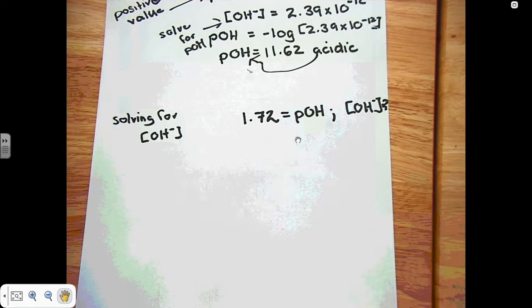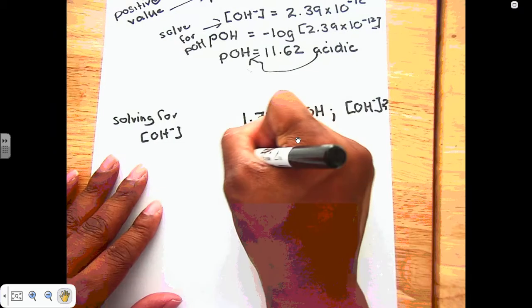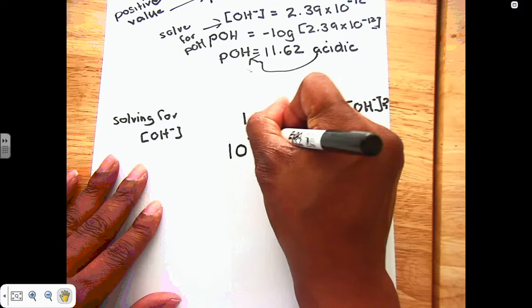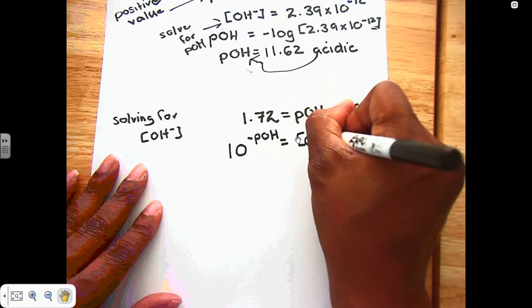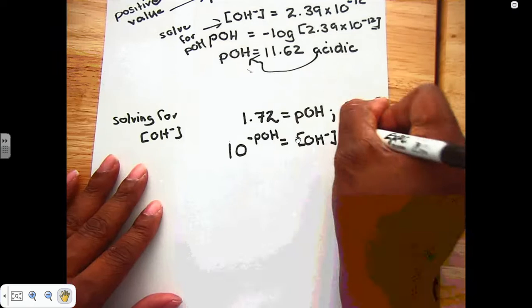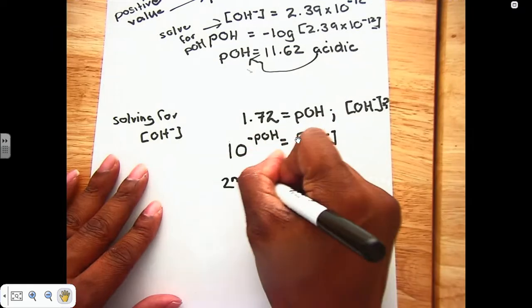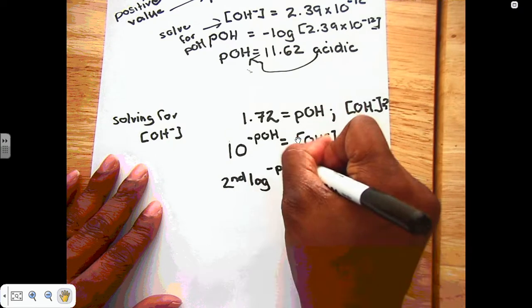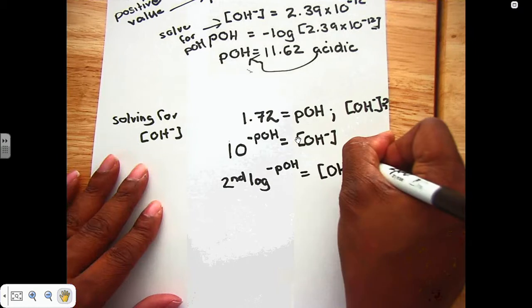And to do so, we have to go about doing the same thing we did before. Now, last time I said we do 10. We're going to raise it to the negative pOH value, in this case, and that should give us our OH concentration. Another way you look at it is second log and then negative pOH, and that's going to be equal to our OH minus.